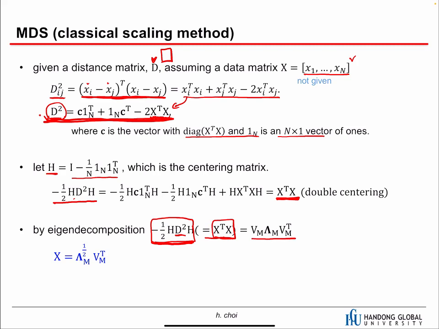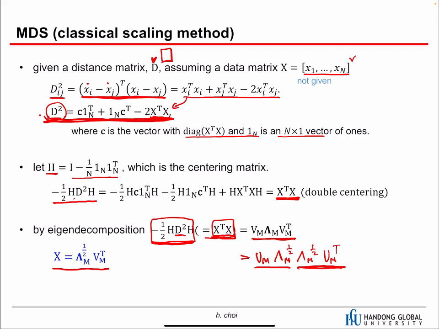This is X transpose X, and we can decompose this equation into Vm lambda m to the 1/2 and lambda m to the 1/2 and Vm transpose. So this one is X transpose and this one is X. Do you see that? This one is X transpose X and we have eigendecomposition. So now X is like this.